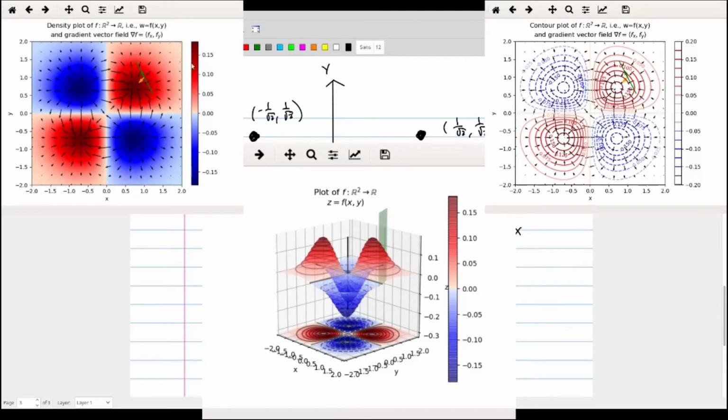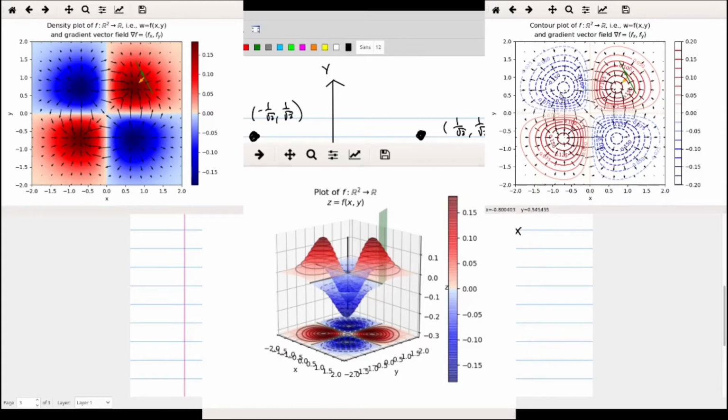If we consider either the density plot or the contour plot, we're also seeing exactly this. It probably shows it a little more clearly that the points (L, L) and (negative L, negative L) are local maximums of our function, because the gradient vector is pointing in around each of these points.